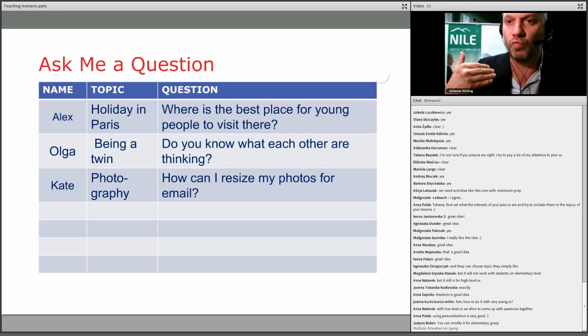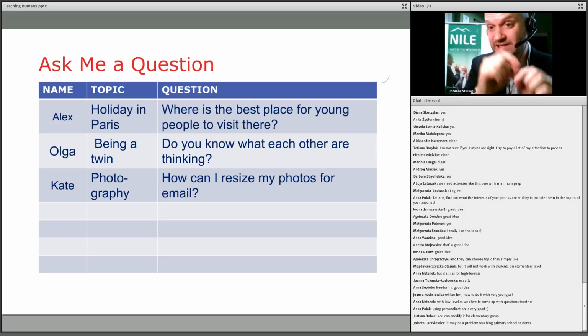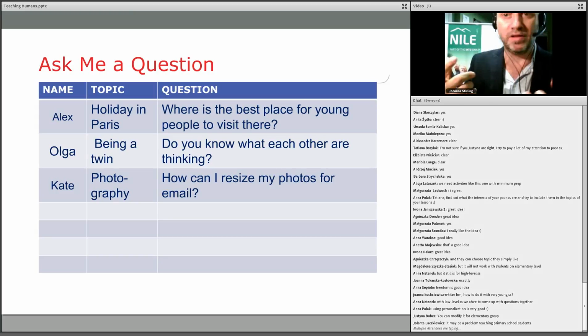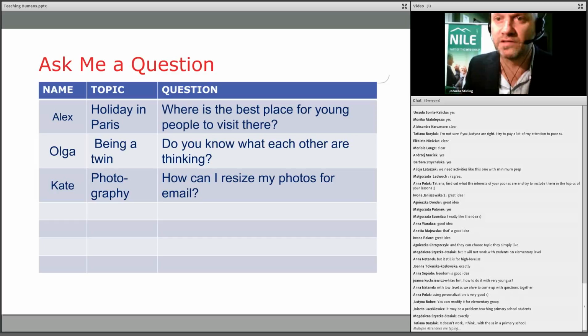And what I do when I'm working with this kind of activity is I go round the room and I'm listening to what people are saying, and I'm trying to help them to express themselves in a way that's more clear or more precise or more complex. So they might say things like, football is a great game because it's very fast. And I say, well, fast in what way?